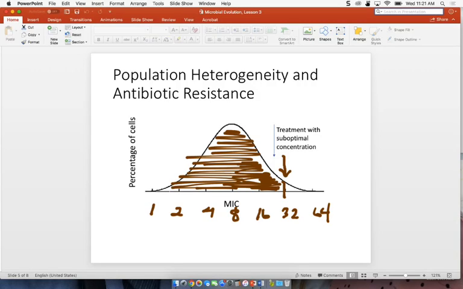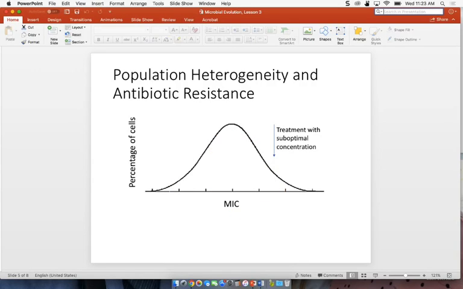At 32 micrograms per mil of antibiotic, what can they do? They can grow. They become the predominant population. And they are the ones then that pass along their genetic information to the next population, or to their daughter cells. So what we find in this case then is a shifting population.